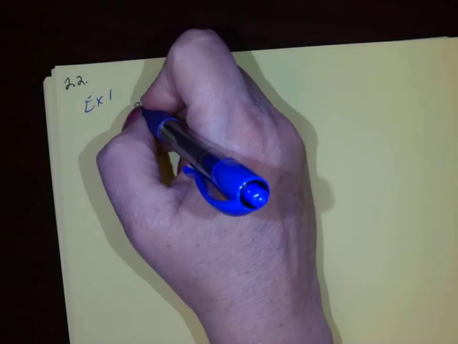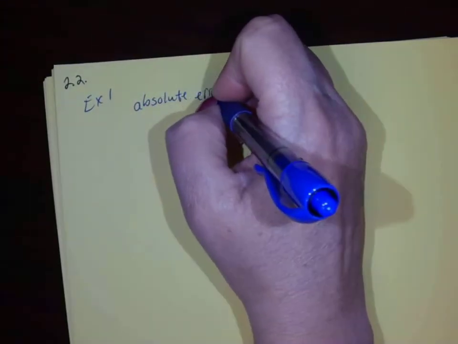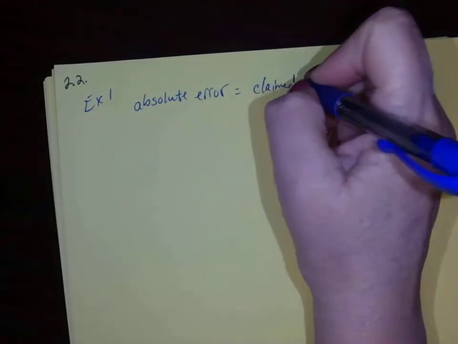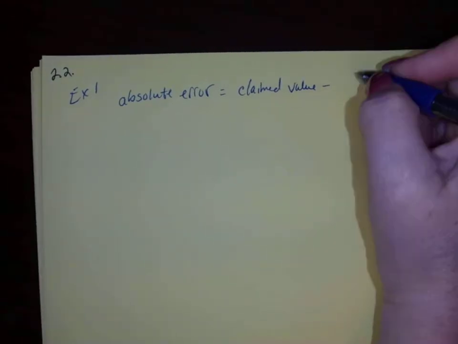So first off, the absolute error is going to be equal to the claimed value minus the true value.